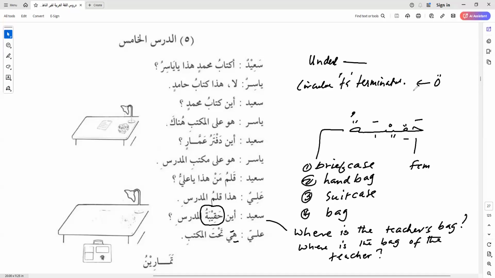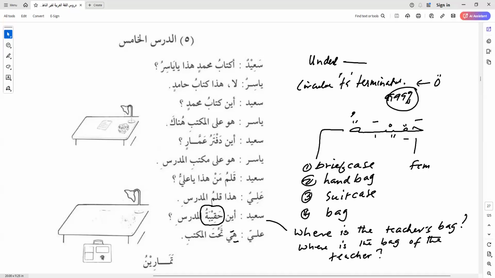So anytime you see this, like I said, 99% of the time, just assume the noun is feminine and then use the appropriate pronoun for it, unless you are told otherwise by the Arabs, because it is their language. We follow the rules.